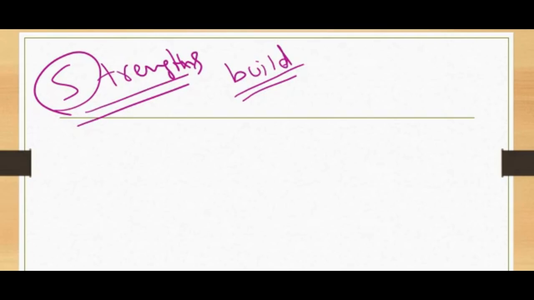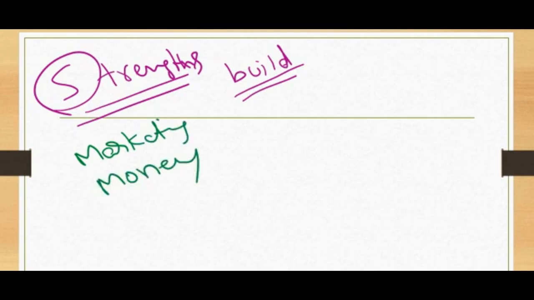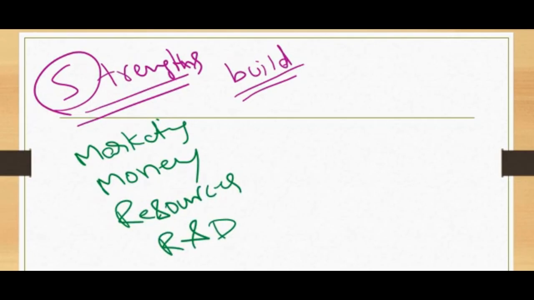Let's say you have very good marketing capabilities, a lot of money, capable resources, or a very good R&D team that can do a lot of invention and get into new areas. They help you in critical success factors.